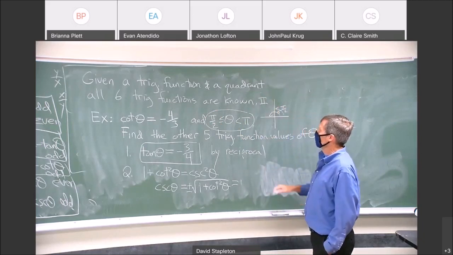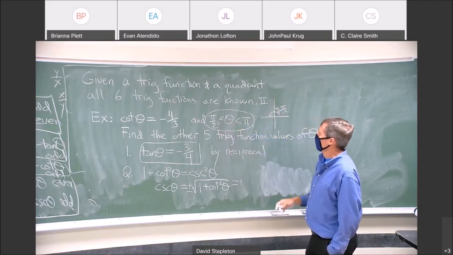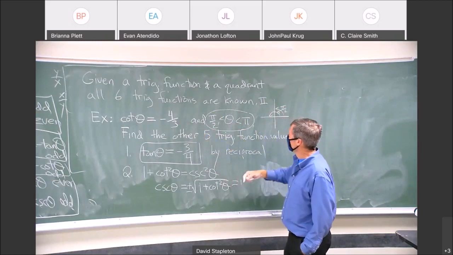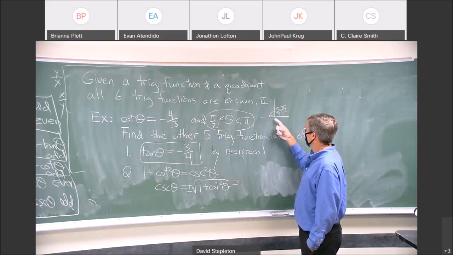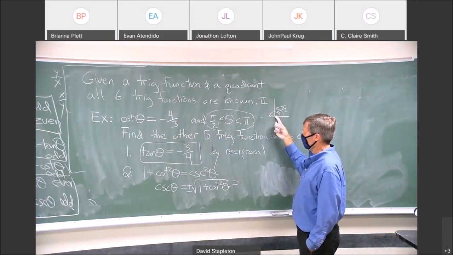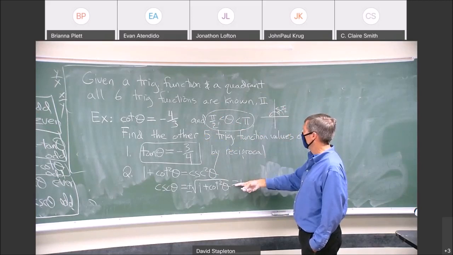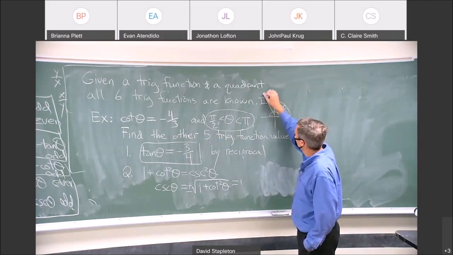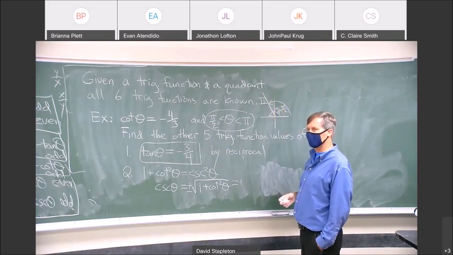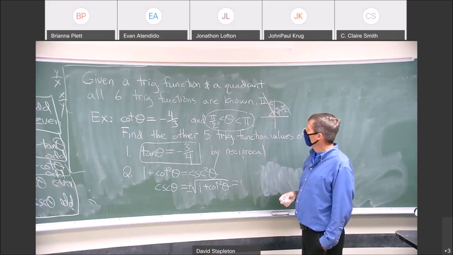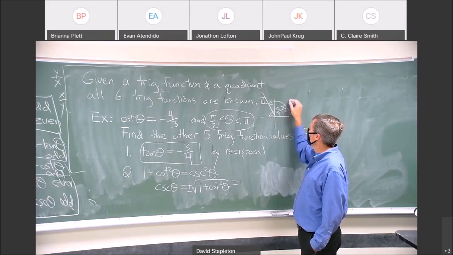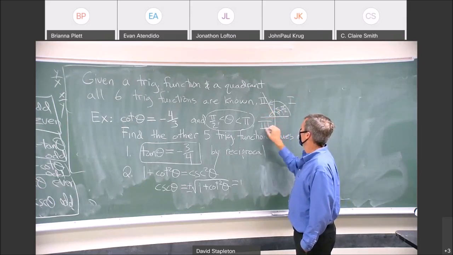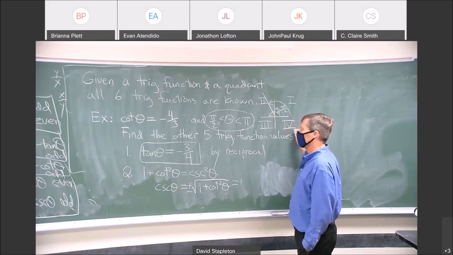It's not in another quadrant because cotangent minus wouldn't be this number. So in quadrant 2, cosecant is what? I've got some angle out here. Is cosecant positive or negative? You have to figure it out, but in every quadrant, each one of the trig functions has a consistent sign. It's either positive in the whole quadrant or negative in the whole quadrant.